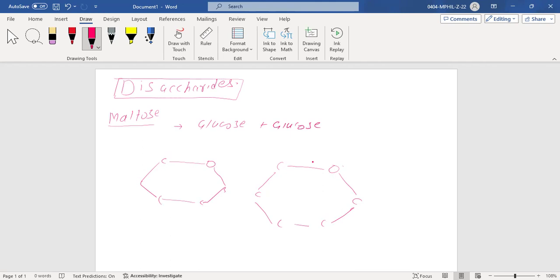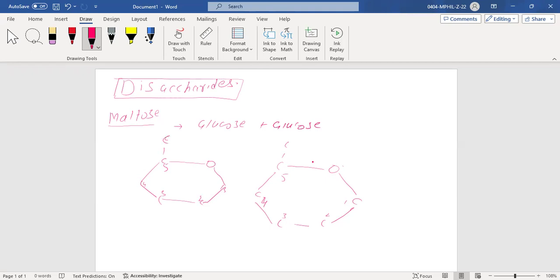For example, you can also number them one, two, three, four, five, and this will be six because carbon number six is outside. On the other hand, here is four. On the other side, you can also give the number. This is one, this is two, this is three, here is four, you have five, and then you will have six because carbon number six is again outside.